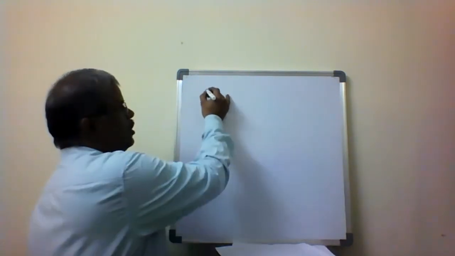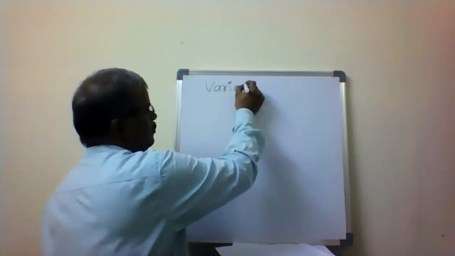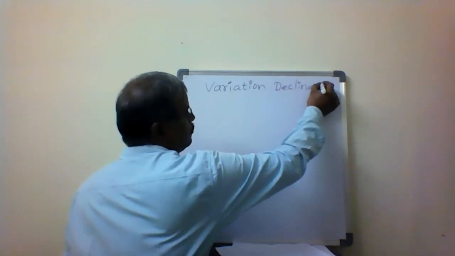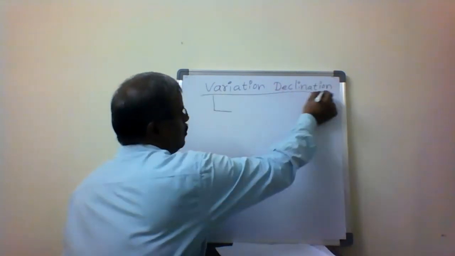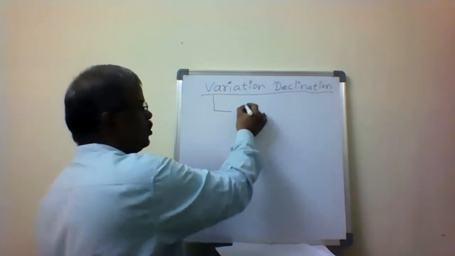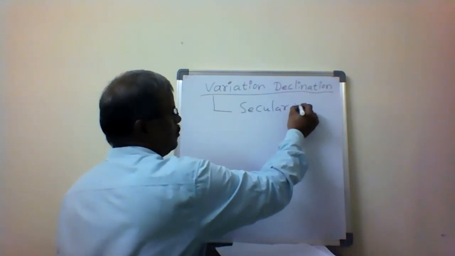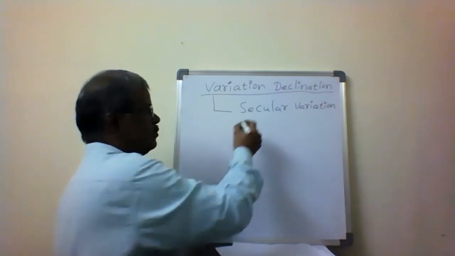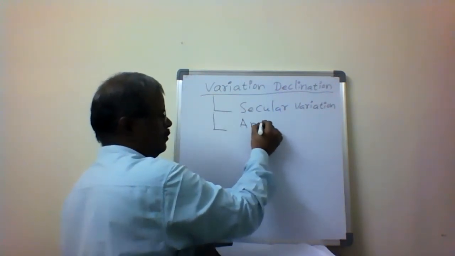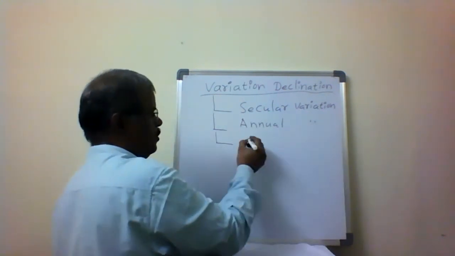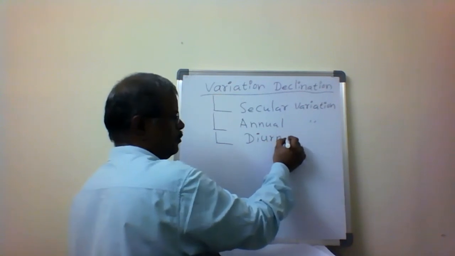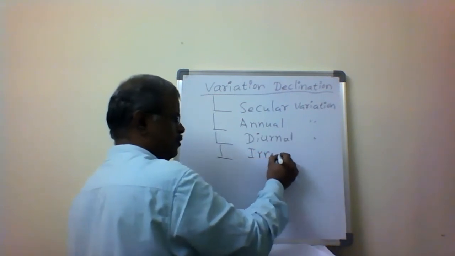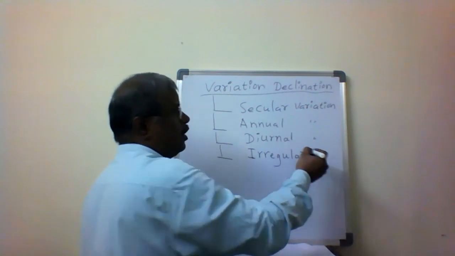Then there is also the variation of declination. The variation of declination is classified into secular variation, annual variation, diurnal variation, and irregular variation.